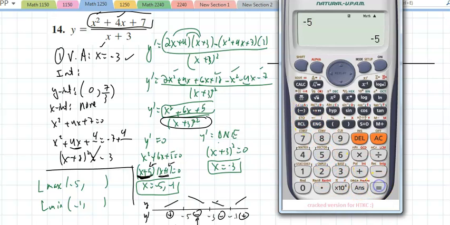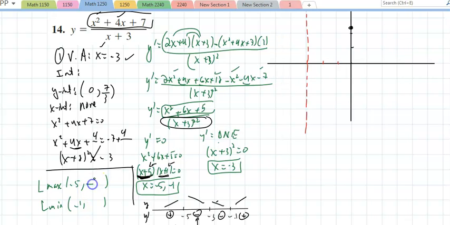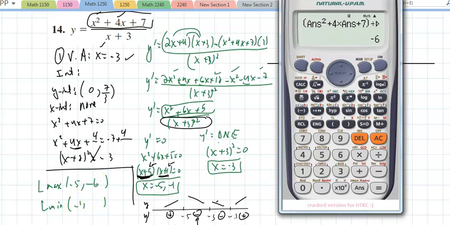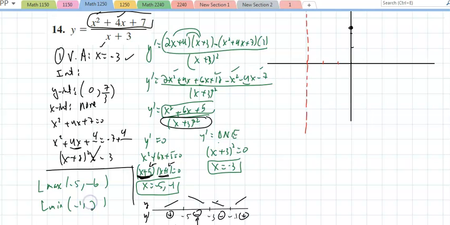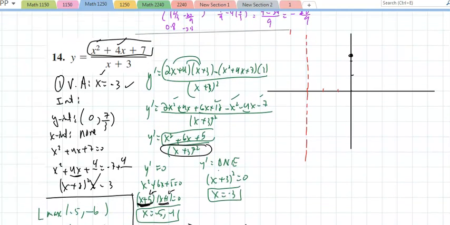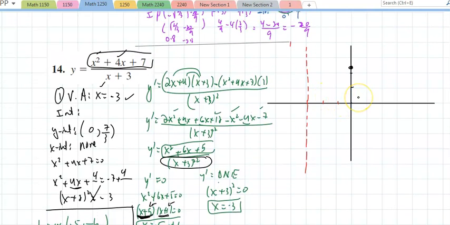Negative 5, enter, and we're going to go in and use answer squared plus 4 times answer plus 7 divided by answer plus 3. I'll get a negative 6. And if I go in and figure out where negative 1 is, so negative 1, enter. If you recall, we go back, and that tells us that 2. So we have a local maximum at negative 5.